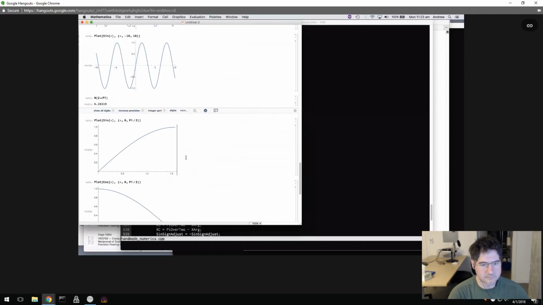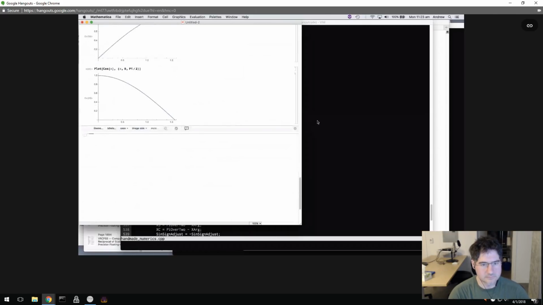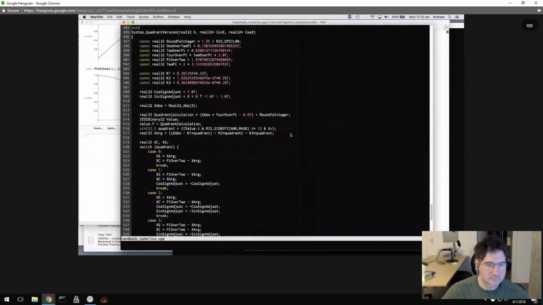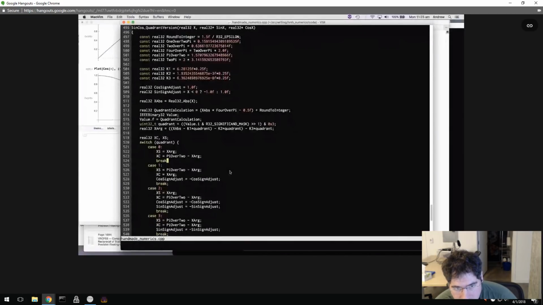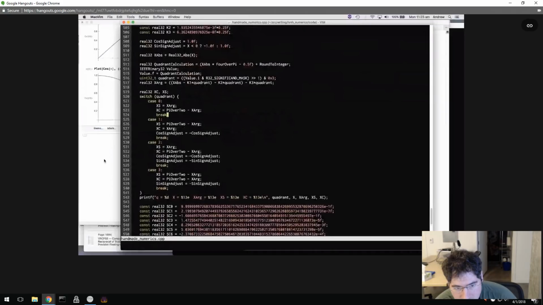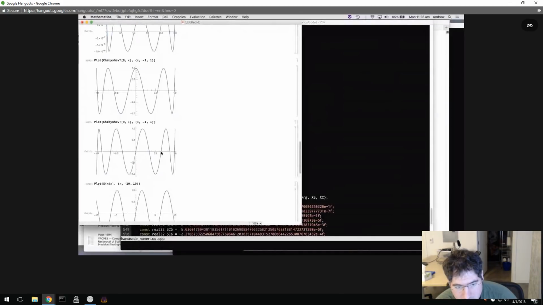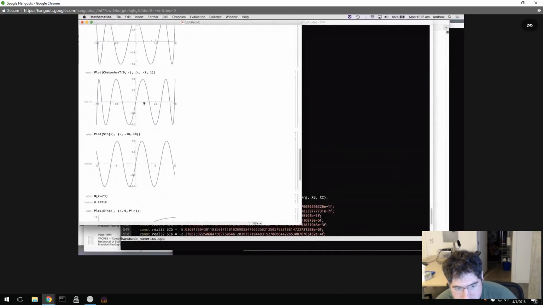The other way of doing it, and this is a common approach you'll find, is to use this kind of quadrant analysis. That's a Chebyshev polynomial. It looks so much like a sine. Yeah, that's kind of shockingly the same.